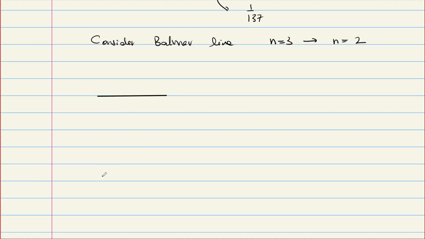So this is n equal to 3, and this is n equal to 2, and you have one transition like this, an arrow.